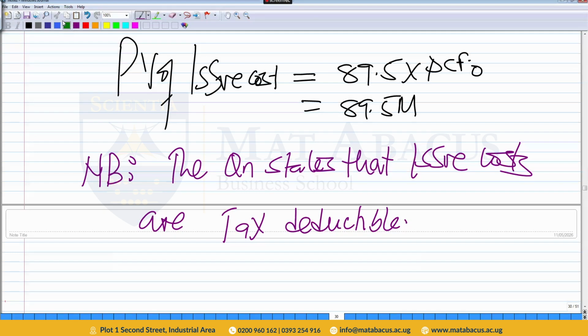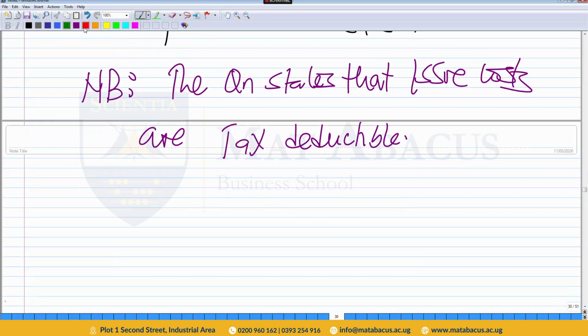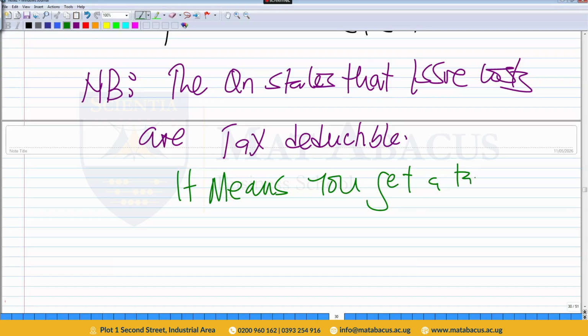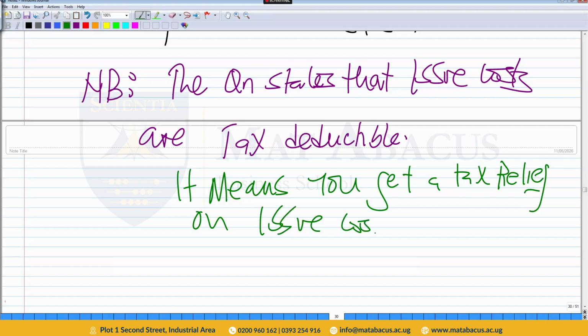It means you get a tax relief on issue costs.